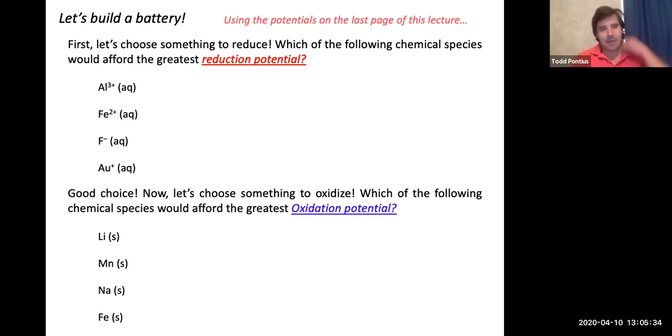Actually, I want to change the F- to Cl-, just for the sake of it. It actually won't make a difference, but I'm going to do Cl- instead. Okay? So my question for you is, which of these is going to give us the highest voltage, the greatest reduction potential?